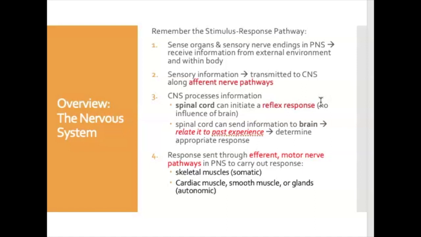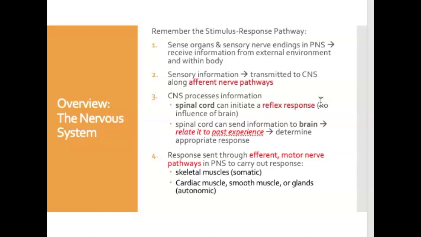And it then determines what the appropriate response is. Remember that responses that are sent out to the peripheral nervous system are sent through efferent pathways, motor pathways in the peripheral nervous system. And that's how the response will be carried out.